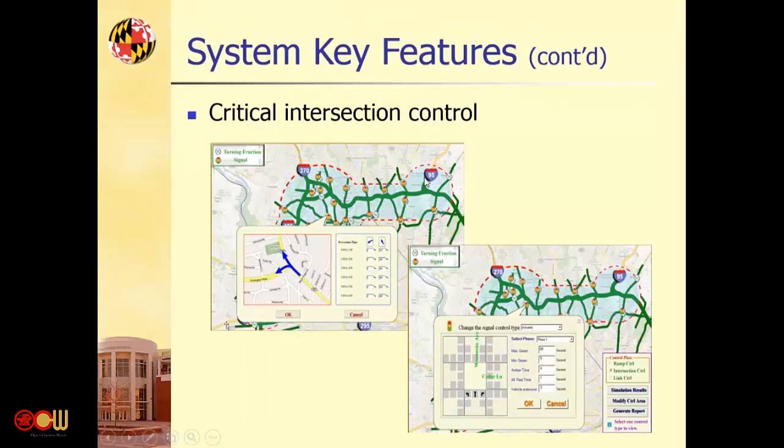Critical intersections are those directly linked to the ramps. Remember each ramp must connect with one major arterial, and those arterials usually have one or two intersections closely impacted by the off-ramp or on-ramp traffic. Those are the ones that should be under control, the ones we talk about for on-ramp metering control or off-ramp signal control. We should access that information and provide optimal control parameters for those operations.